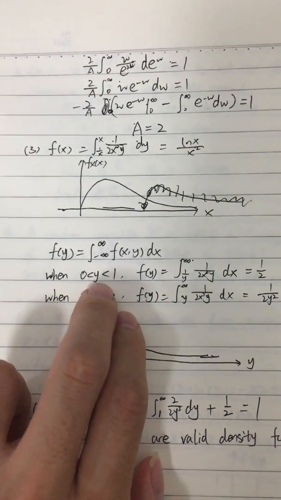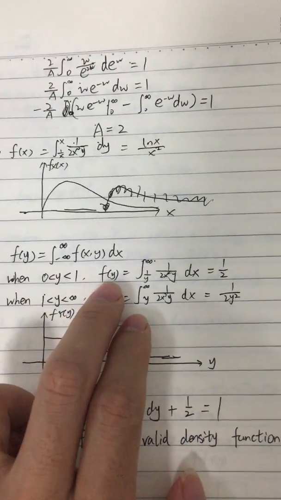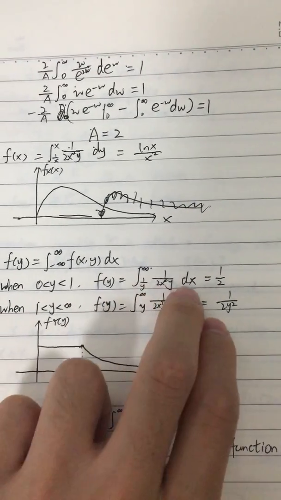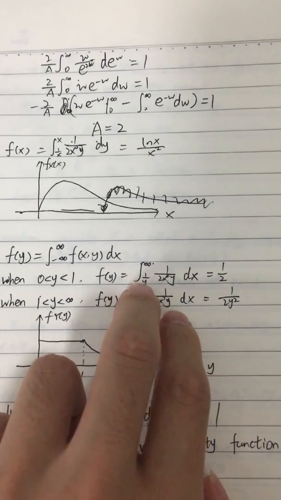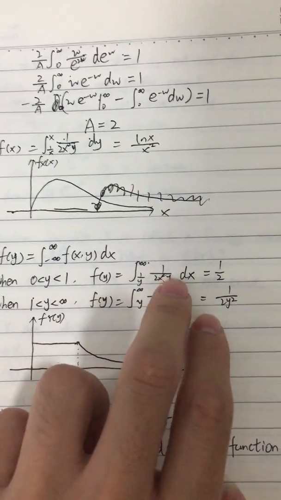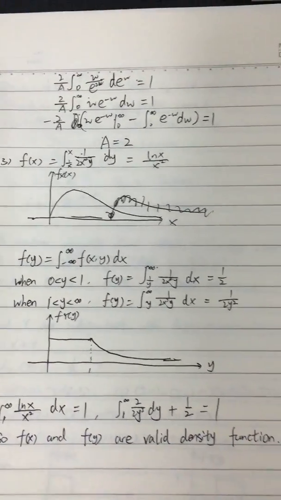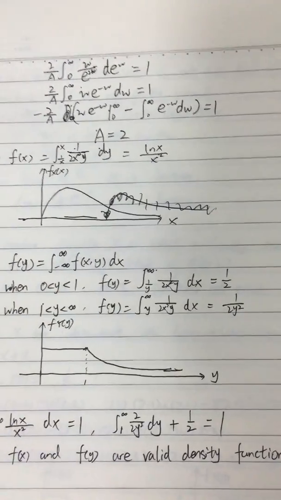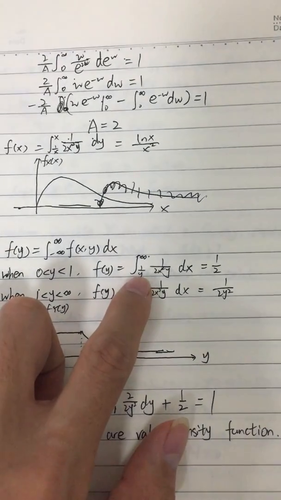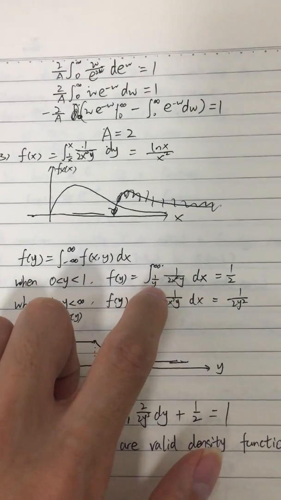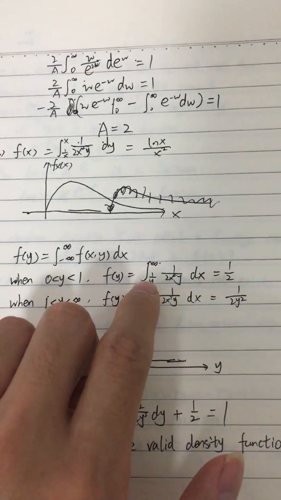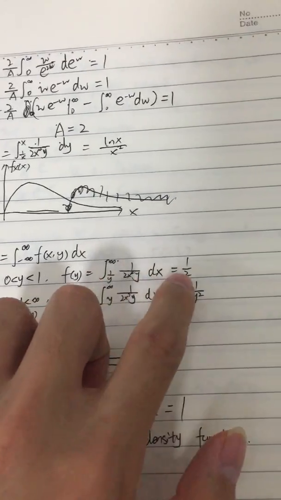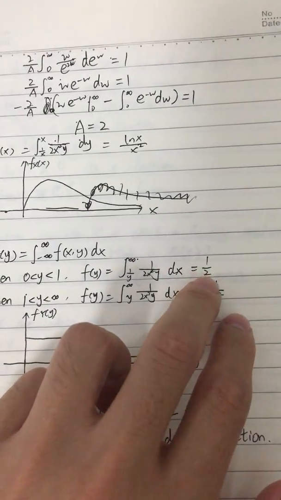And when y is between 0 and 1, f_Y is equal to the integral of this function in the area of 1 on y to infinity, because when y is smaller than 1, the x should be larger than 1 on y, so it should be from 1 on y, and we solve this out to be 1 on 2.